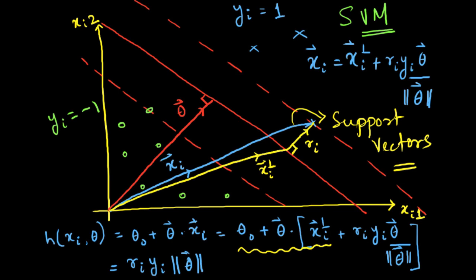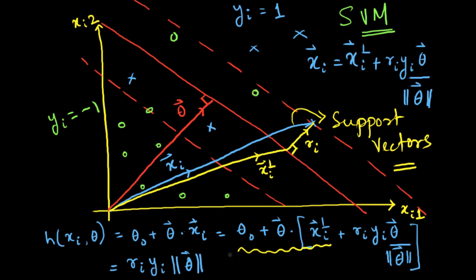But to begin with, let's take the simple case where we have some data points which are lying on the other side of the decision boundary. So these blue points should actually be on the other side, but they are now here, and there are also some green points which are present over here.